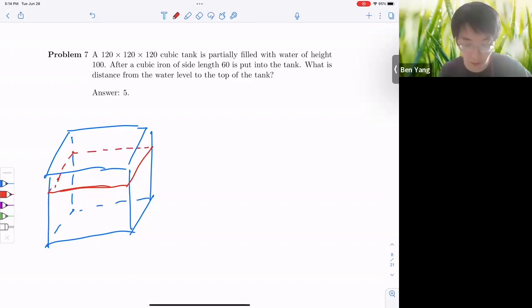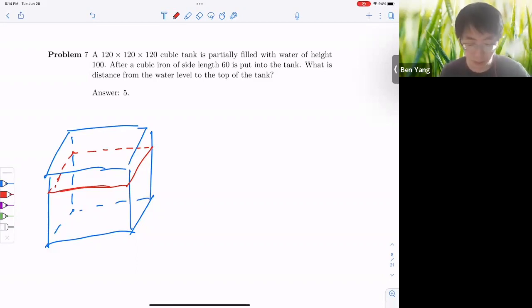Okay, then we have a cubic iron of side length 60. We put that into the tank. Then what's the distance from the water level to the top of the tank?